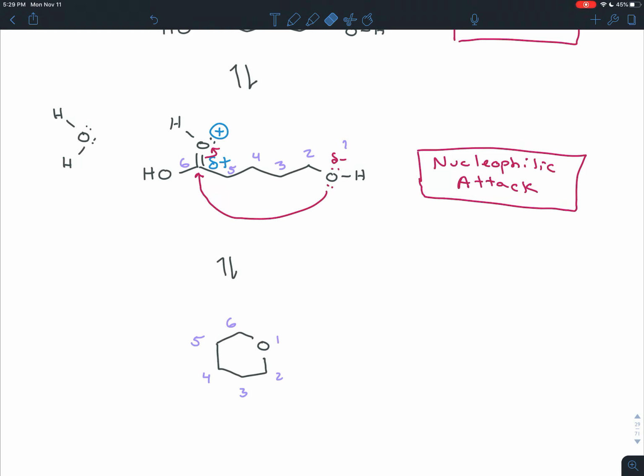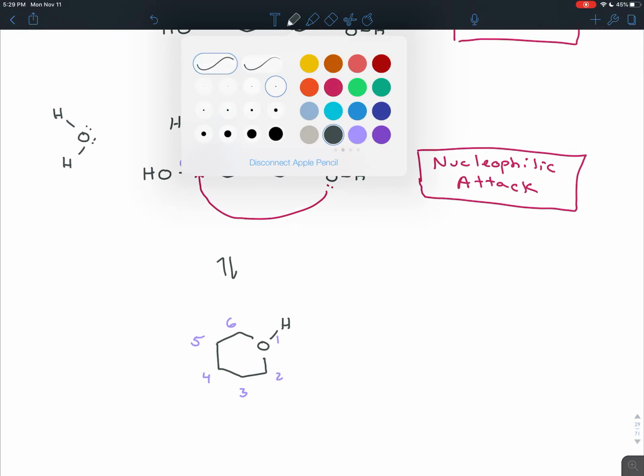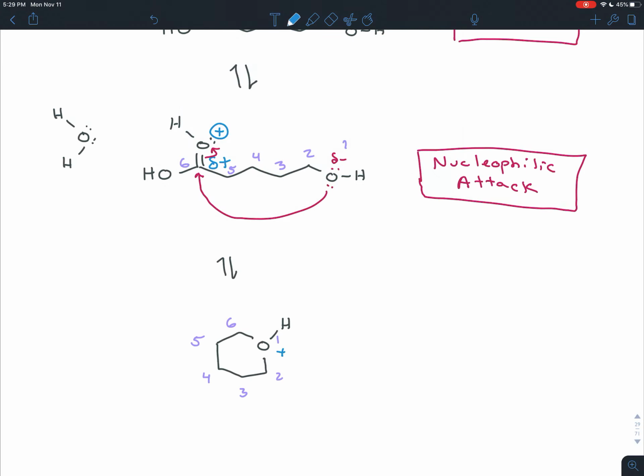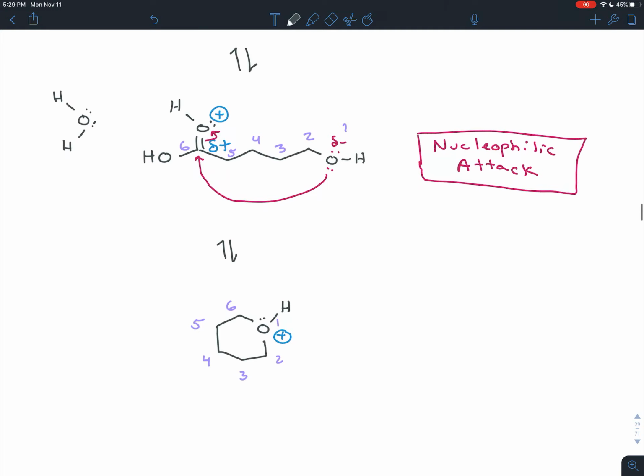Now I'll notice that that oxygen still has a hydrogen on it, so I'm going to draw a bond to the hydrogen, and that oxygen has 3 bonds, and therefore has a full positive charge and 1 lone pair left.